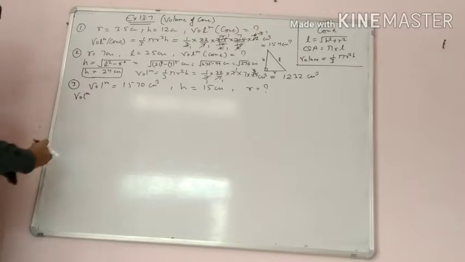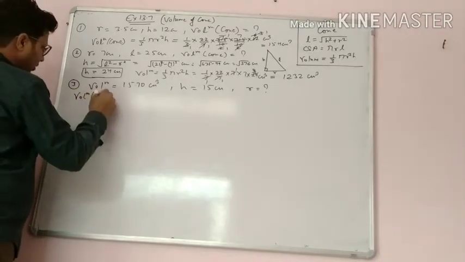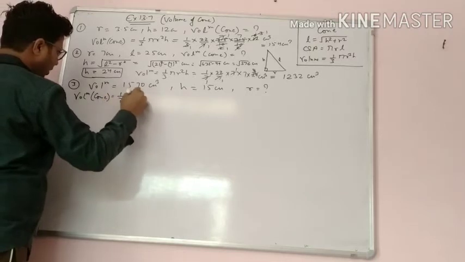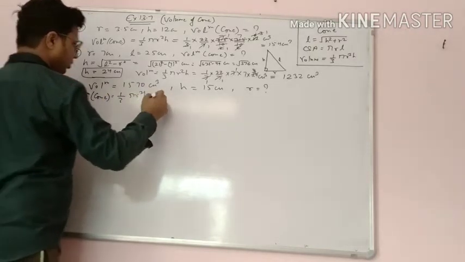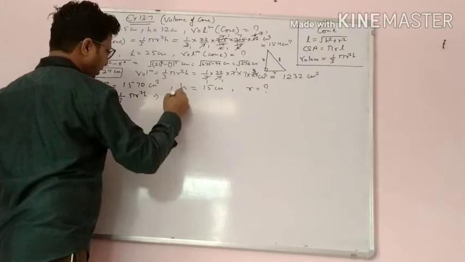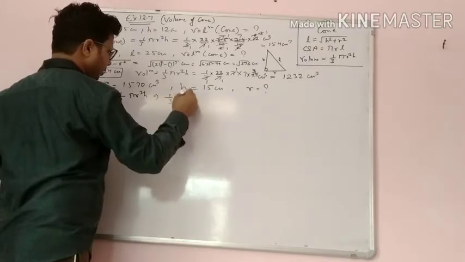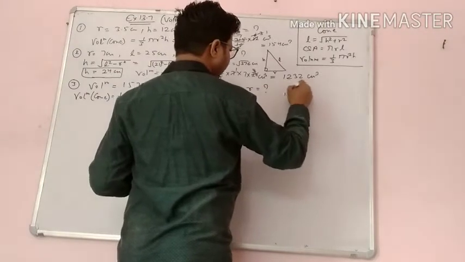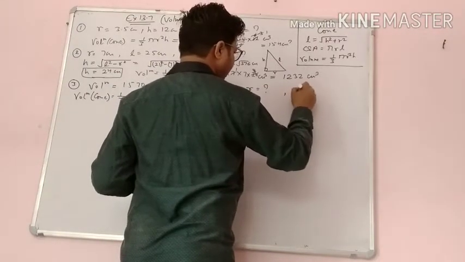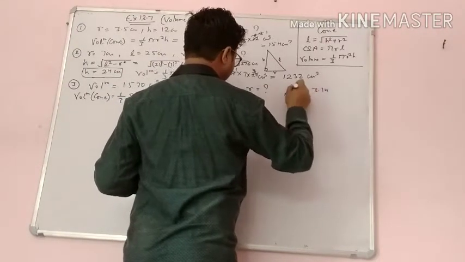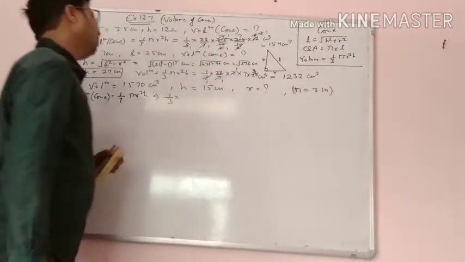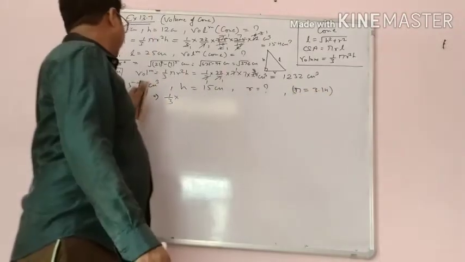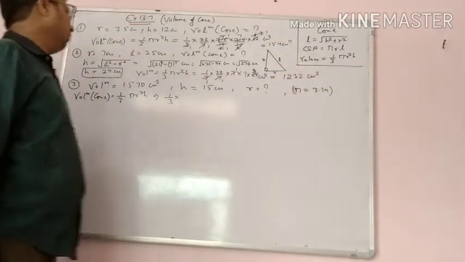Volume of a cone is equal to 1 upon 3 pi r squared h is equal to 1 upon 3 pi. Here, mention also that you have to take pi as 3.14. As I have suggested, pi is equal to 3.14, because 1570 is a multiple of 3.14.